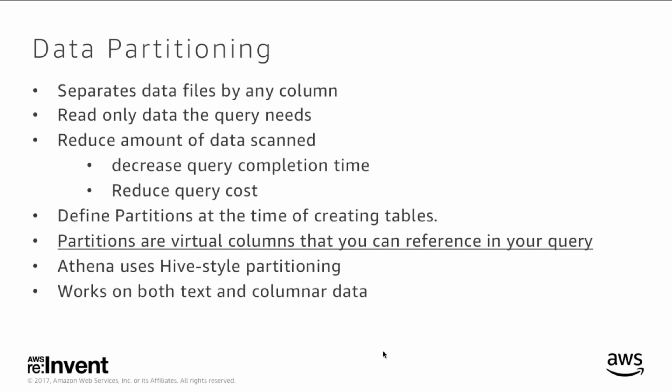So we talked a lot about partitioning, and partitioning is a very important concept, and it's pretty simple to implement. The real reason for partitioning is that we want to have a separation of the data files by a number of different columns.